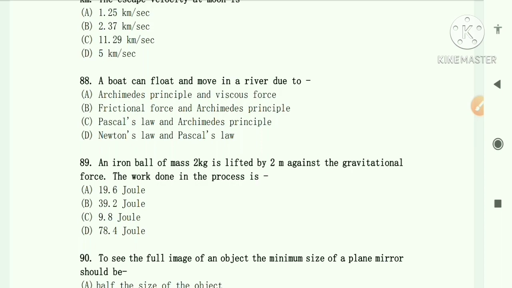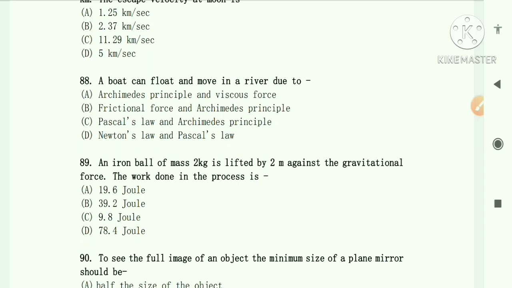Now go to the next one, Pascal's law. It states that the pressure applied to any part of the enclosed liquid is transmitted undiminished equally in all directions. So it is also not applying here. Now go to the next one, Newton's law.